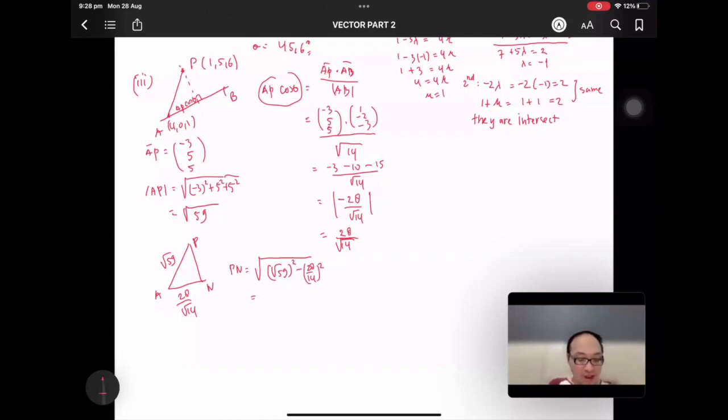So the result is 59 minus 28, and then it equals root 3. So shown.